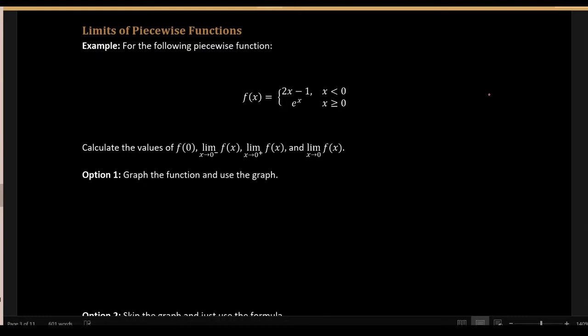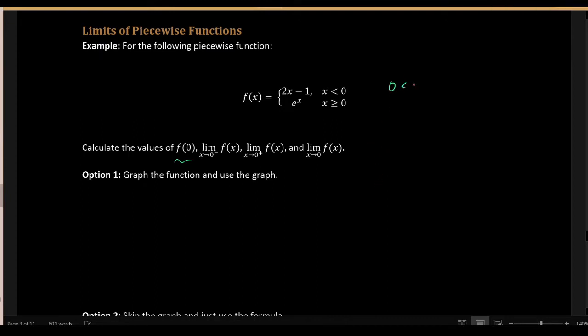Let's go ahead and calculate the values of f of 0, the limit as x approaches 0 from the left, the limit from the right, and, if possible, the two-sided limit. Now the easiest one here, I think, is probably to get f of 0. To calculate f of 0, we just have to decide, okay, first of all, which one of these inequalities is true when x is equal to 0 exactly?